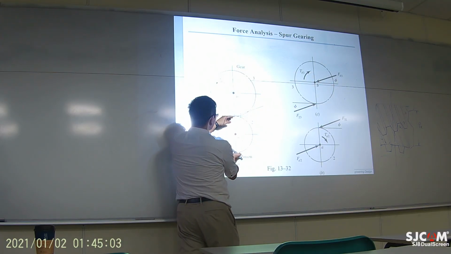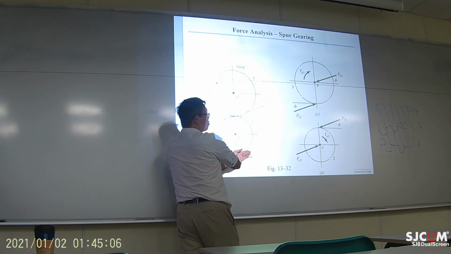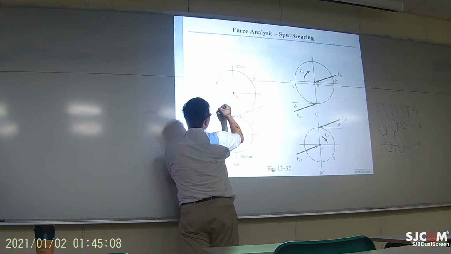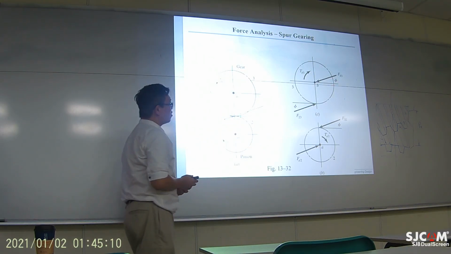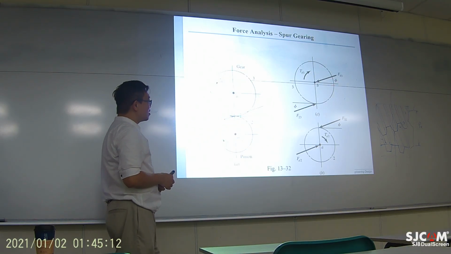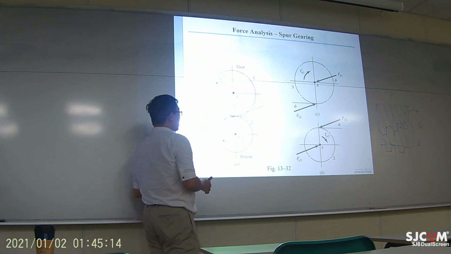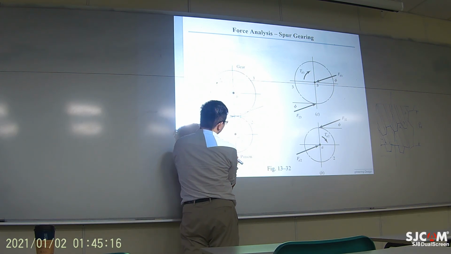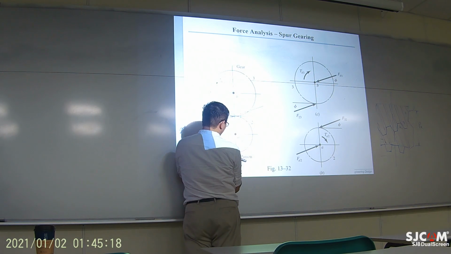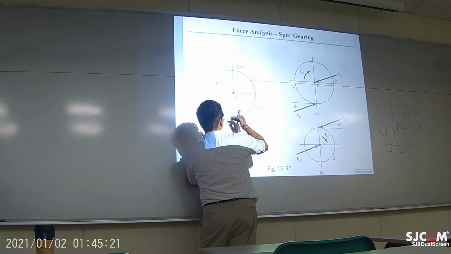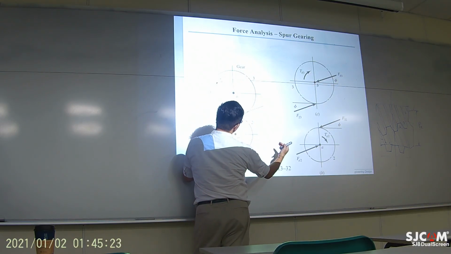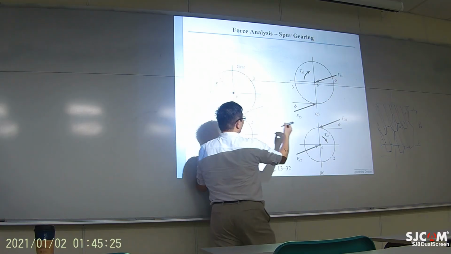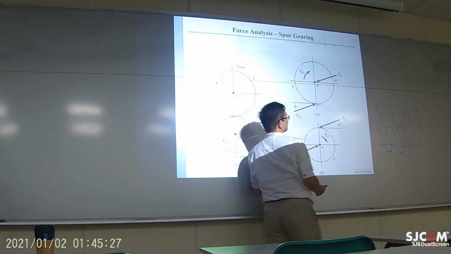If one day we reverse the rotation, then the pressure angle now follows this pressure line. If we reverse the rotation, the pinion is pushing the gear from the right over corner. So the force will be pushing like this.